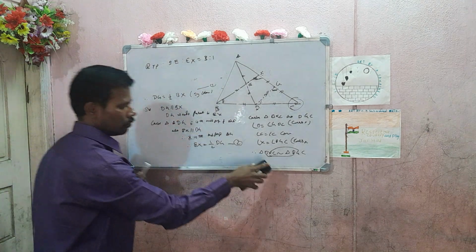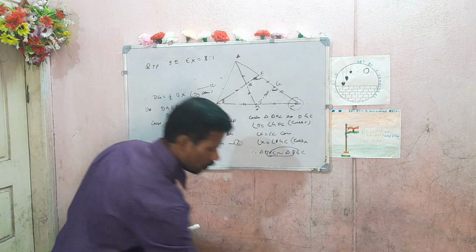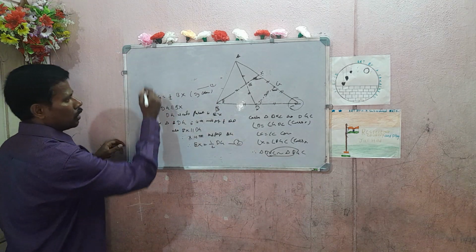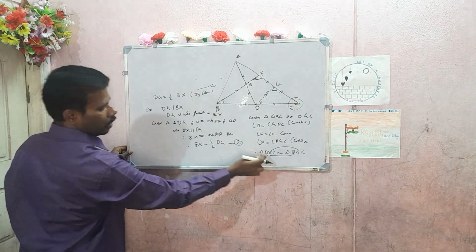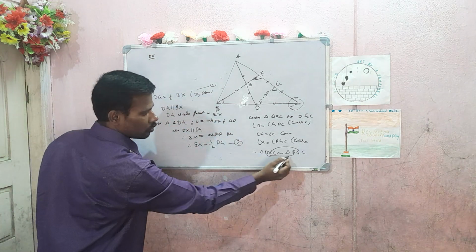Therefore, from this what can you write? Apply the ratio property of similar triangles.